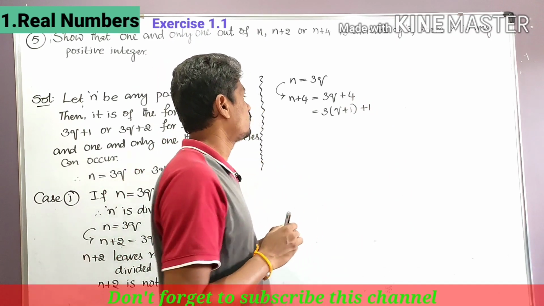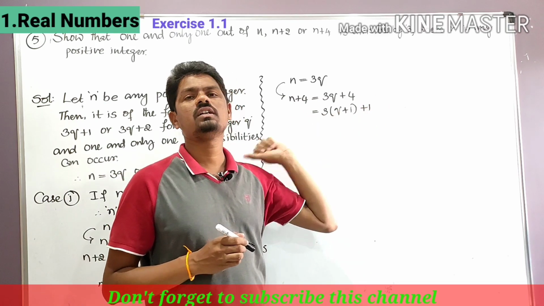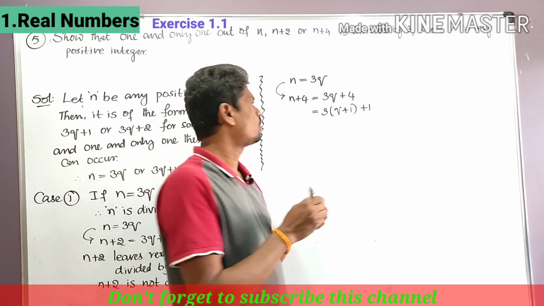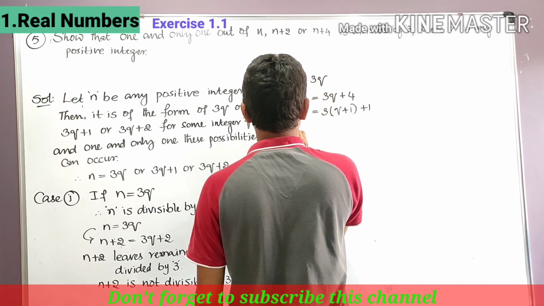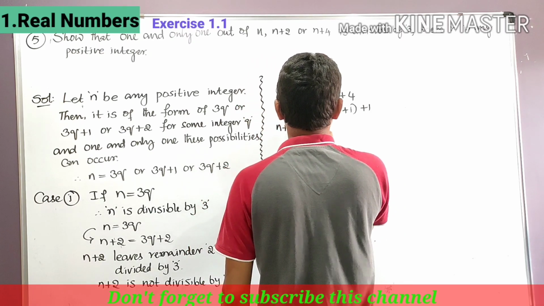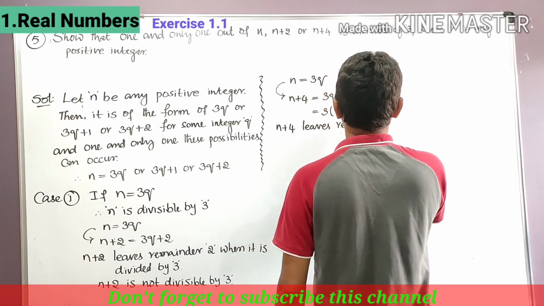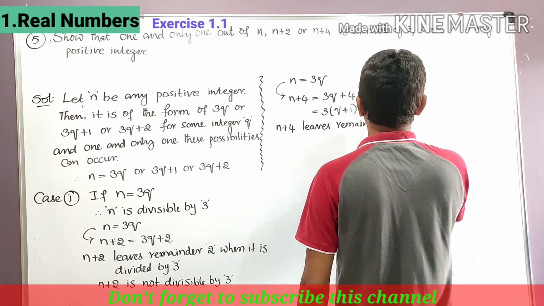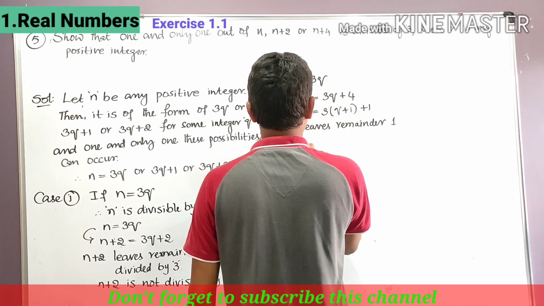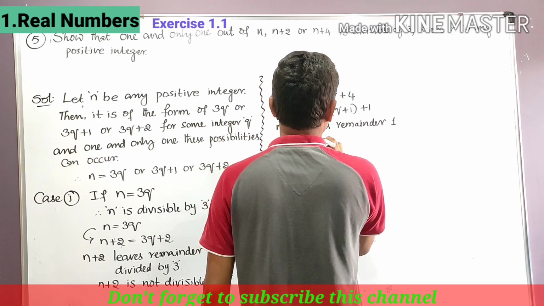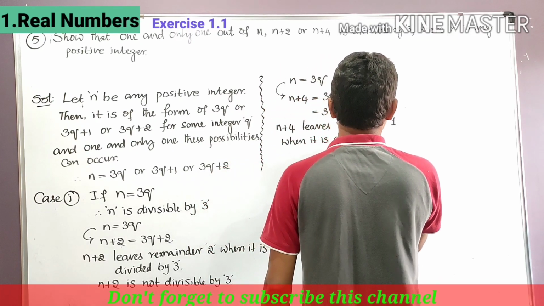So student, n plus 4 leaves remainder 1 when it is divided by 3.